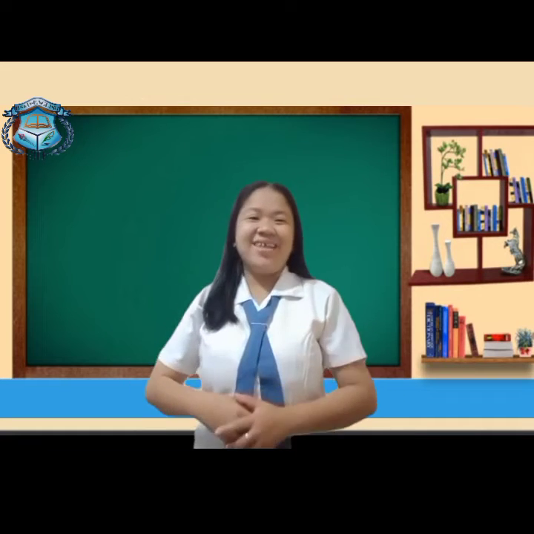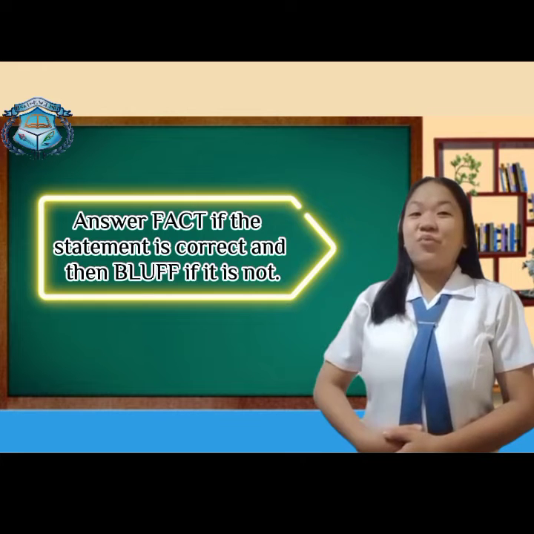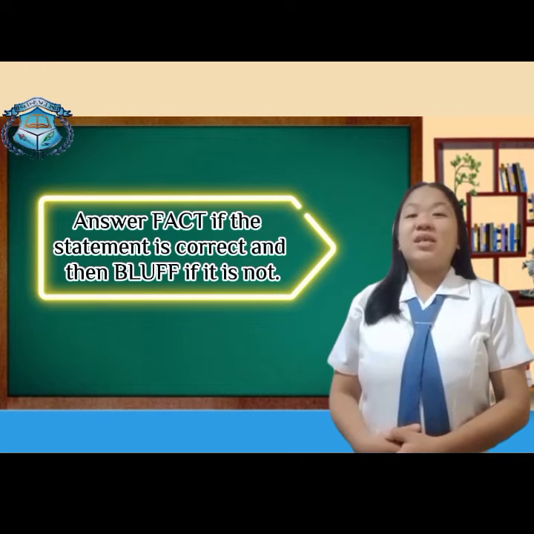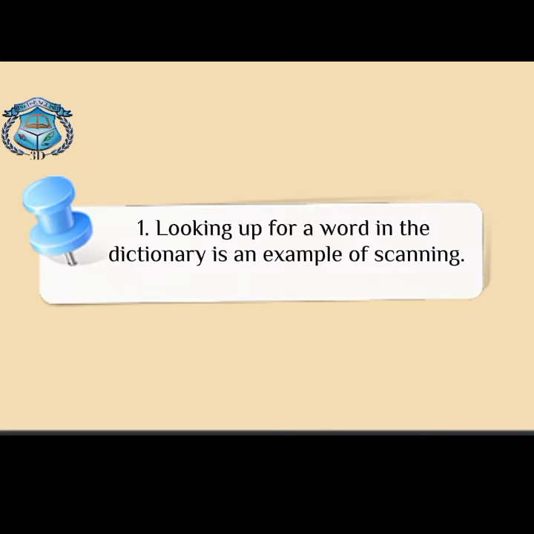Alright, I know that you are now ready to answer our learning task. Answer fact if the statement is correct and blah if it is not. Number 1. Looking out for a word in the dictionary is an example of scanning.